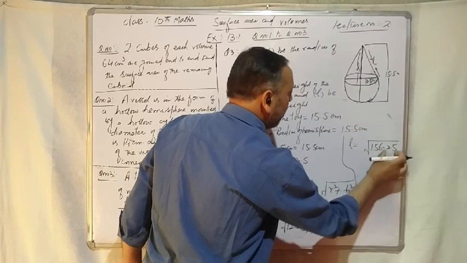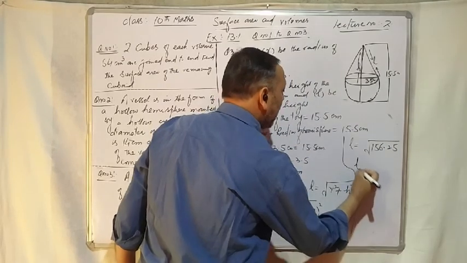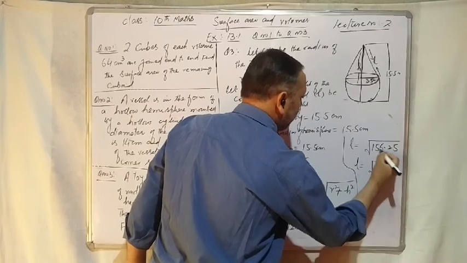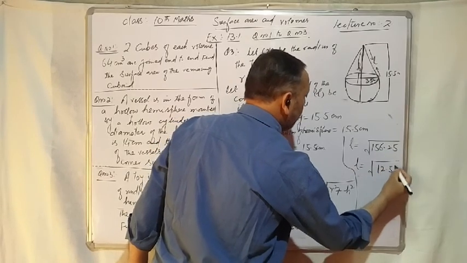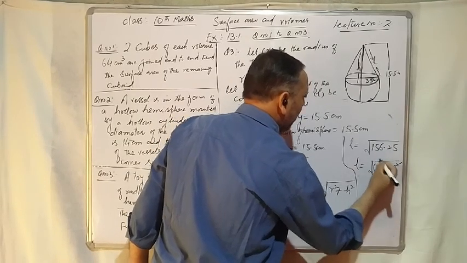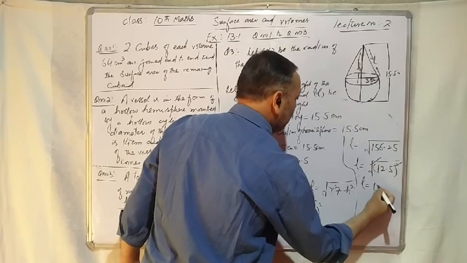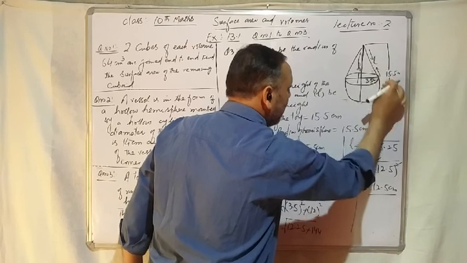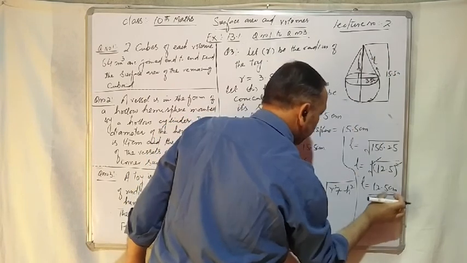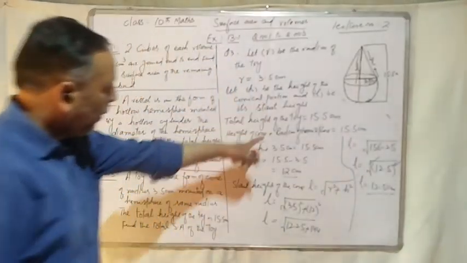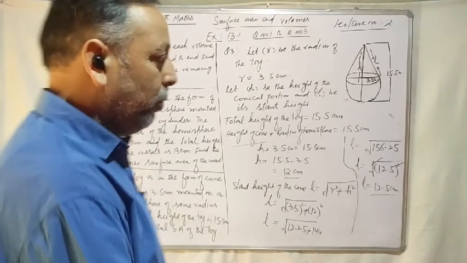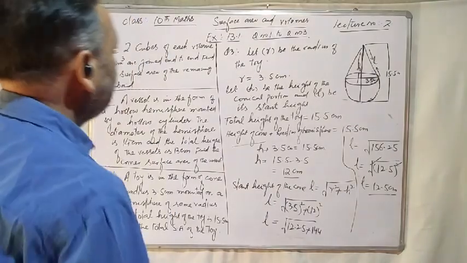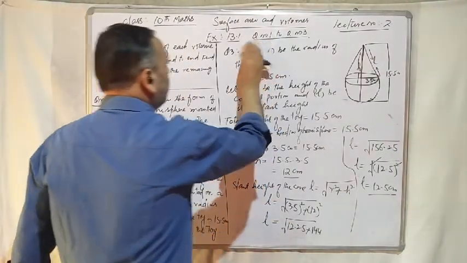Find the square root of 156.25. That means L is equal to square root of 12.5 whole square. Square and root cancel. L is 12.5 centimeter. So slant height of this cone is 12.5 centimeter. Pause the video and note it down.